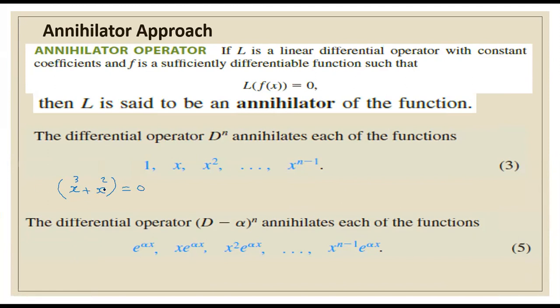Four times. If you differentiate my function 4 times, I will get 0. So the annihilator of this function is D to the power 4. You have to write this rule in your cheat sheet.